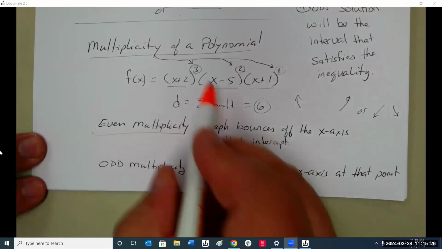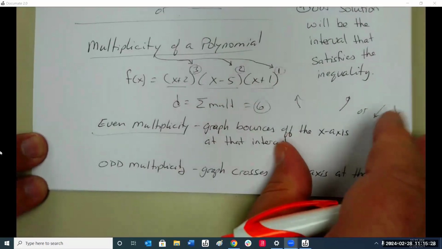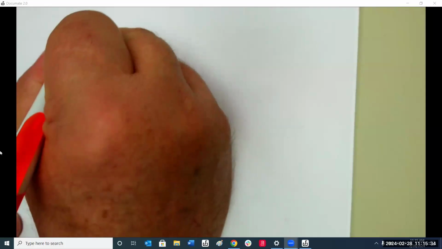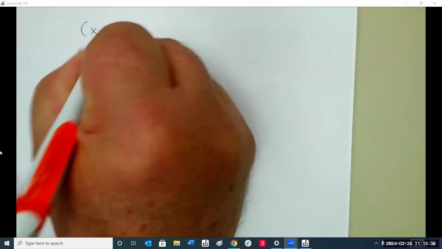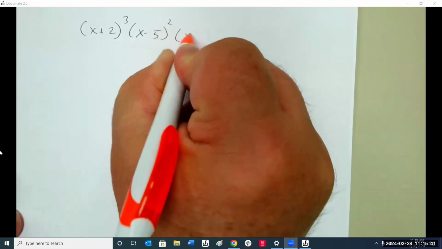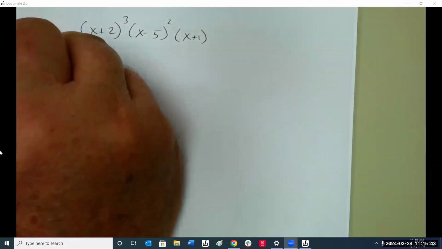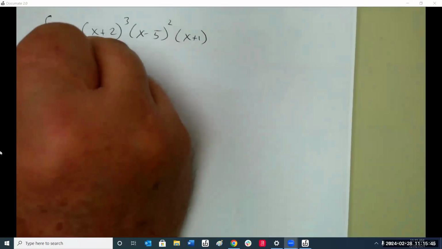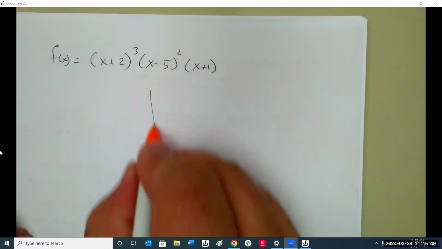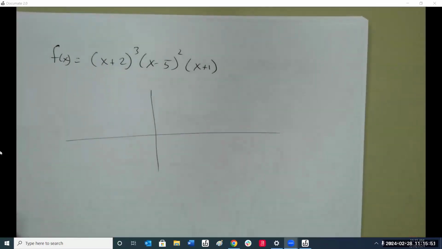So the multiplicity, so if we had this graph here, let me put that on another page. So we have x plus 2, x minus 5, x plus 1. I can roughly sketch what this graph's going to look like.